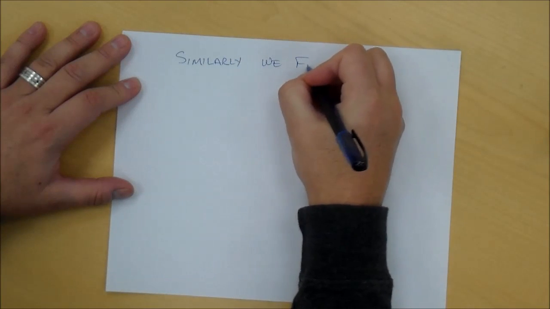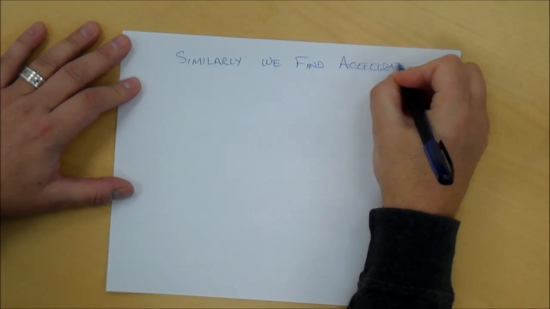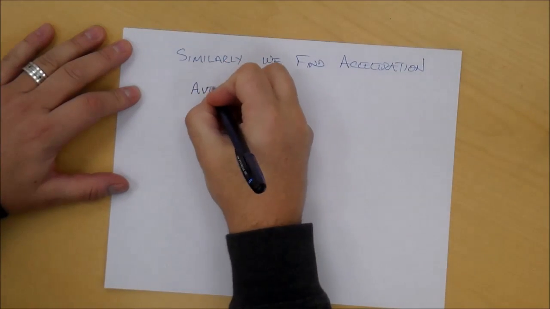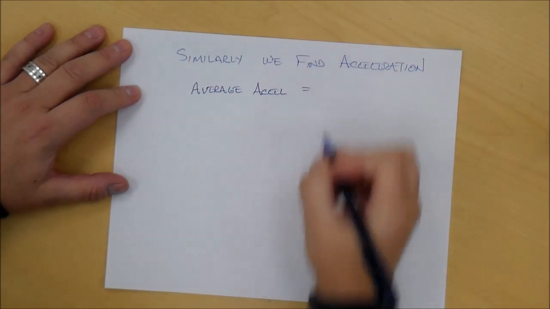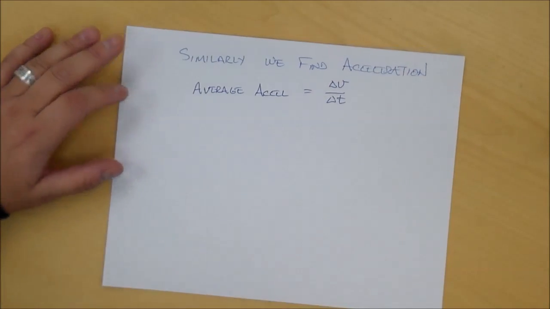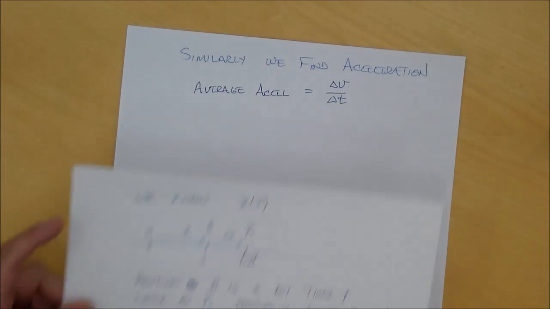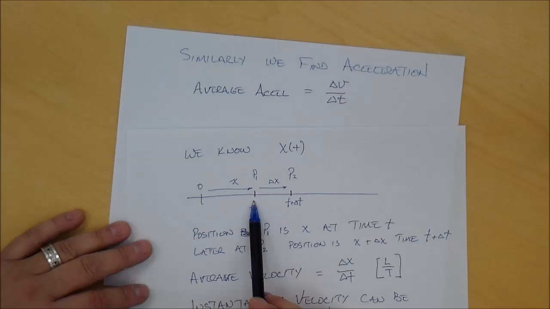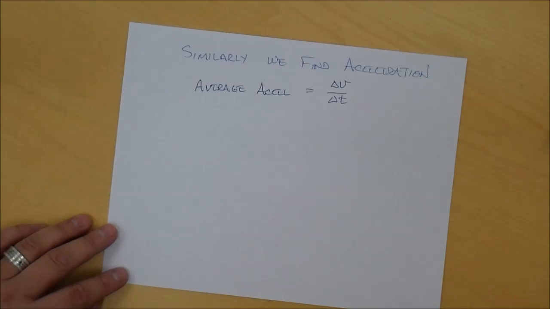We can also find, in a similar manner, the acceleration. The average acceleration is equal to the change in velocity over the change in time. So that is the velocity, go back to the previous page, so the velocity at time t minus the velocity at time t0 divided by the time interval.